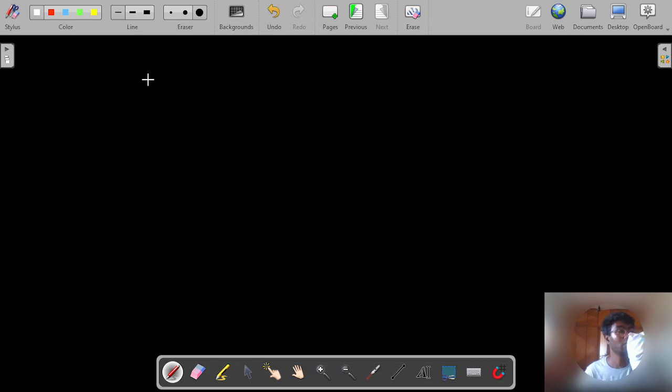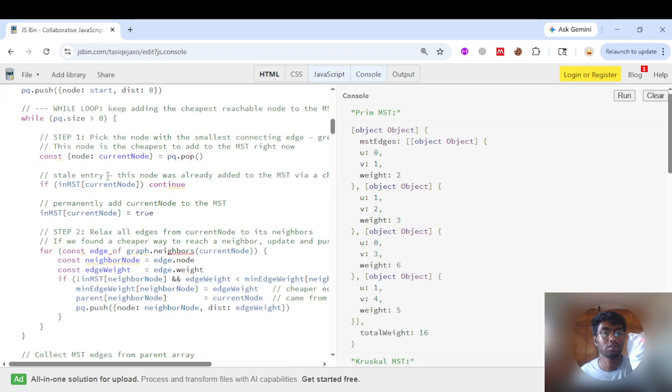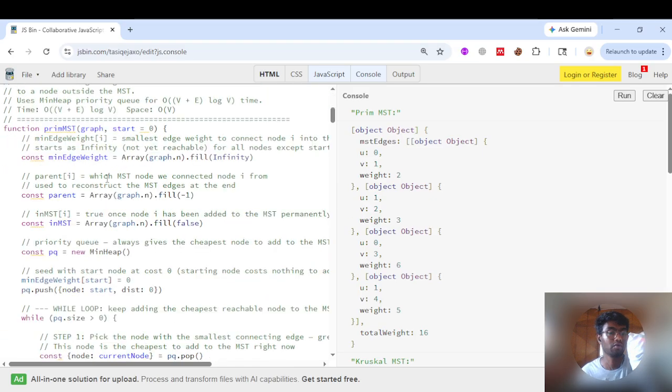All of the nodes would be explored with a specific edge, and all of the vertices will be marked as visited. And that's the way that Prim's algorithm works. I will not even add anything here. I will quickly take you through the JS bin and walk through the code to this one. But let's quickly understand how Prim's algorithm is.